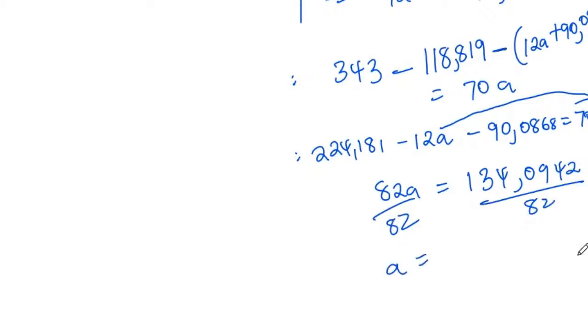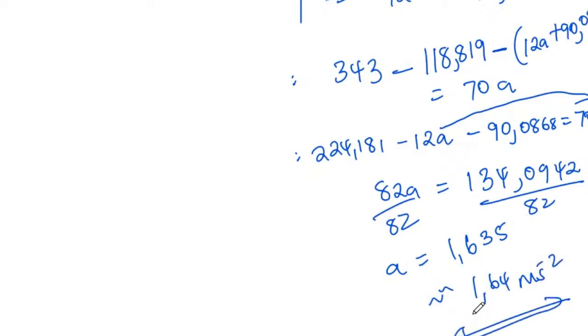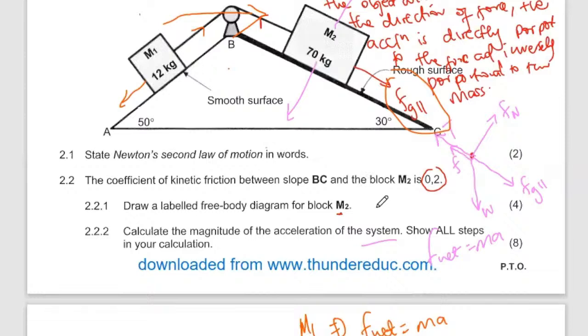Then I'm getting 1.635, which is approximately 1.64 meters per second squared. I think this makes some bit of sense. It's an acceleration not so big and not so small. So that is the answer, 1.64 meters per second squared.